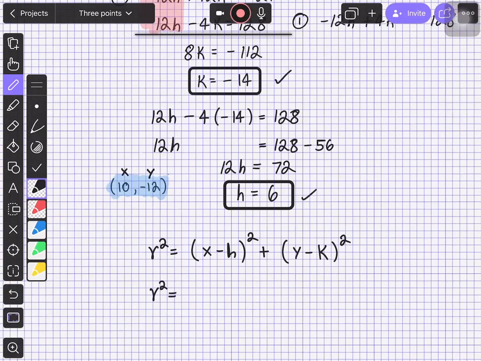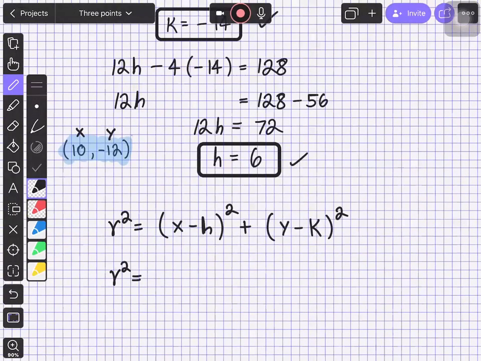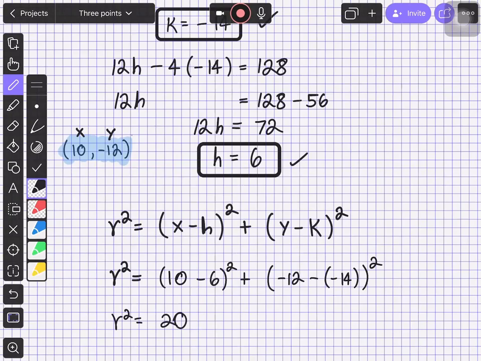So the radius squared will be 10 minus 6 squared plus negative 12 minus negative 14 squared. This is 16 and this is 4, so this is 20. There we go, and we're done.